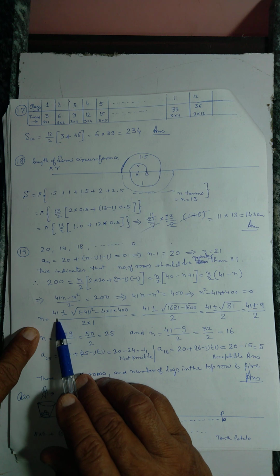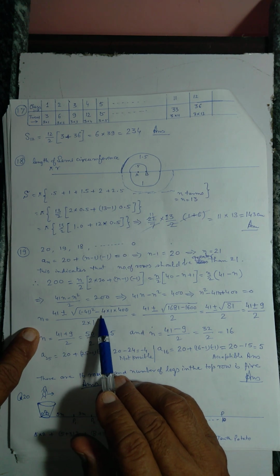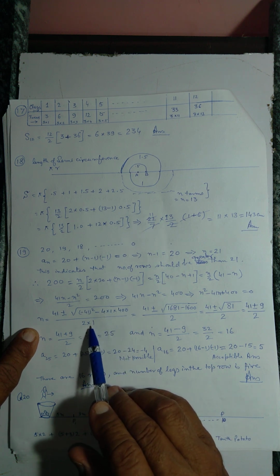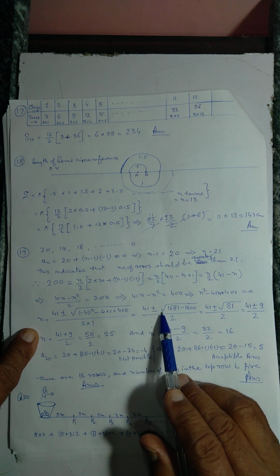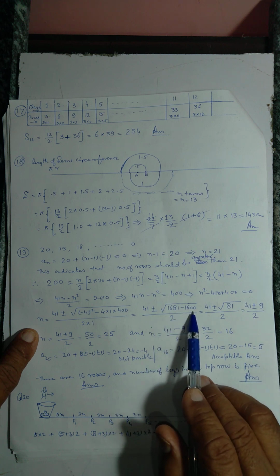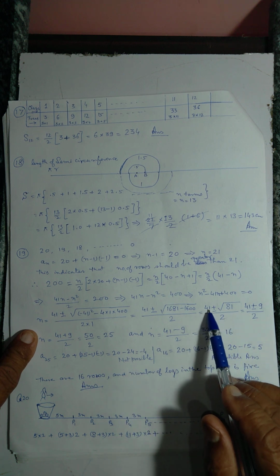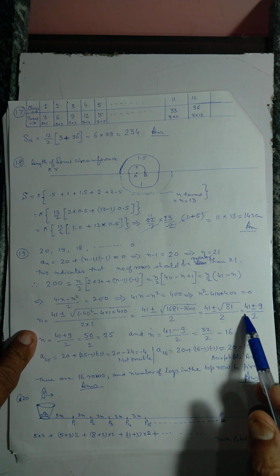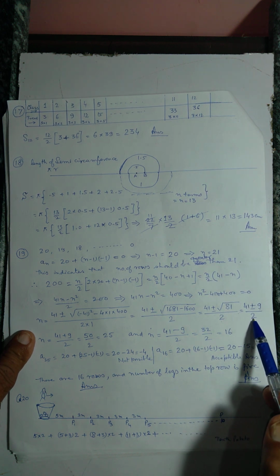N will be equal to 41 plus minus root of minus 41 square minus 4 into 1 into 400, whole divided by 2 into 1. We solve it: 41 plus minus root 1681 minus 1600, by 2. You see that it will be equal to 41 plus minus root 81 upon 2, and that will be 41 plus minus 9 by 2.